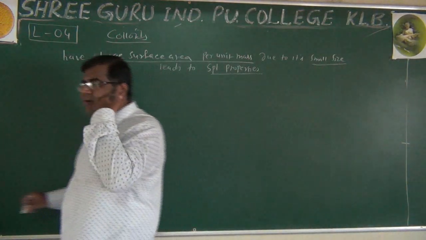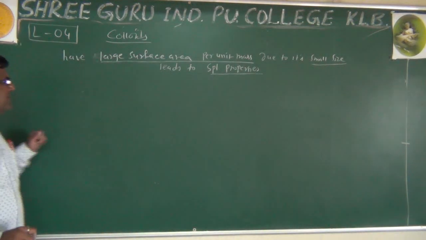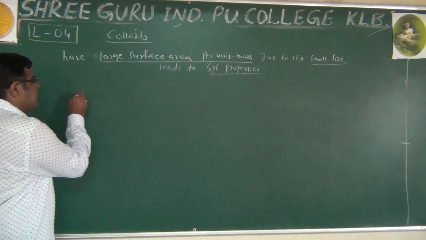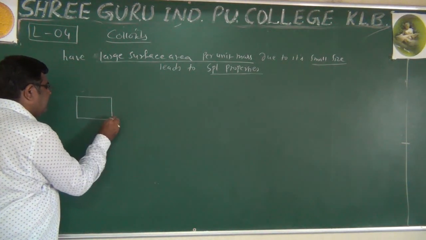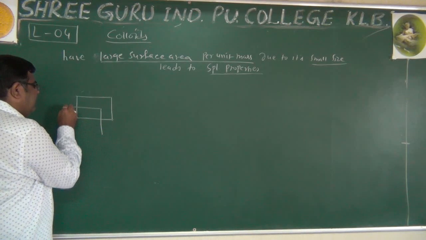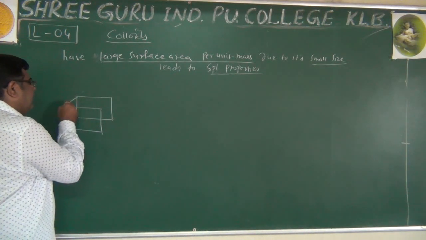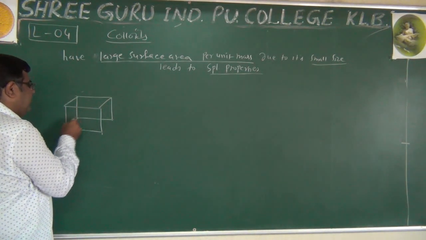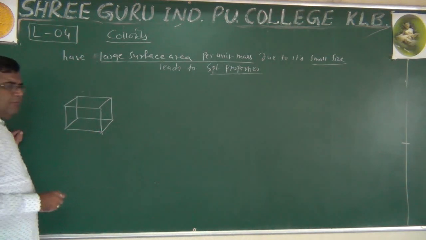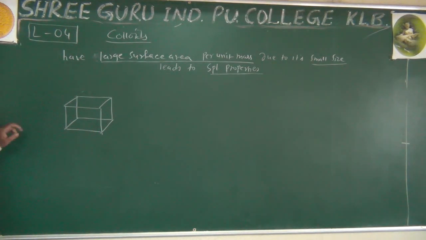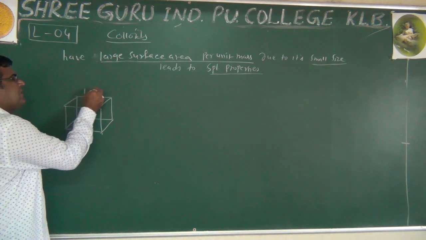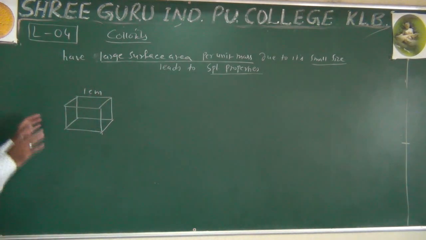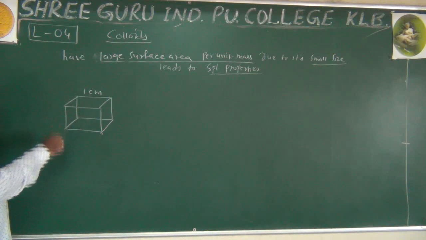Now how do they have large surface area per unit mass? We can consider this. One substance, I hope that you consider this as a cube. This size is 1 centimeter. All are 1 centimeter sides.